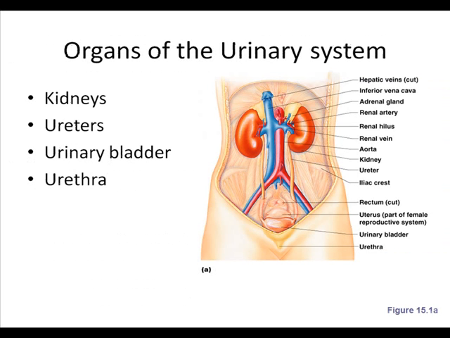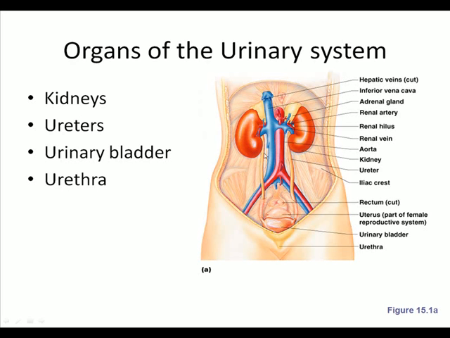The main organs of the urinary system. You have a pair of kidneys, which are in the posterior portion of the abdominal cavity. Each of those is a unit which is processing urine, and from each of those, a tube goes, taking the urine down from the kidneys.